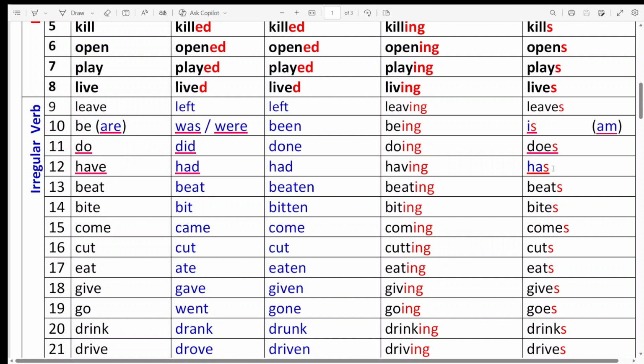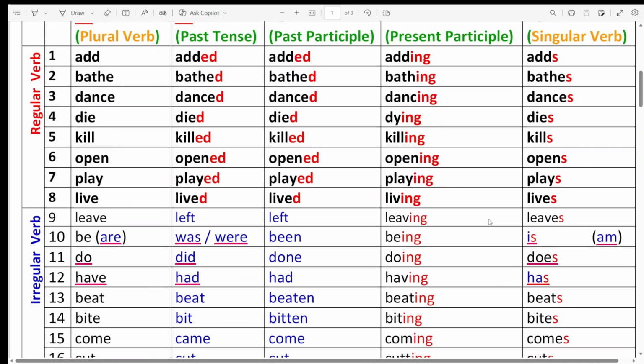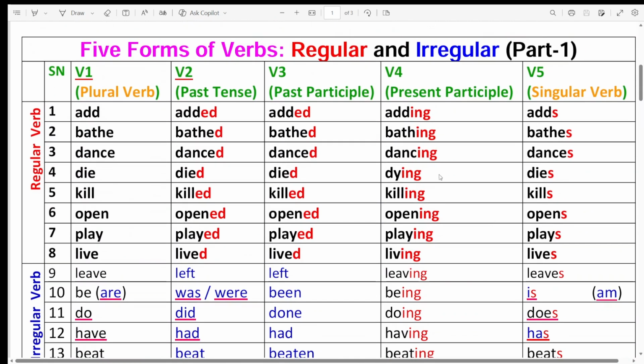Okay, so now after we have read lots about this regular and irregular, we have been introduced. Now let's practice these forms. Let me read to you one time. You very well understand now what a regular verb is and what an irregular verb is.